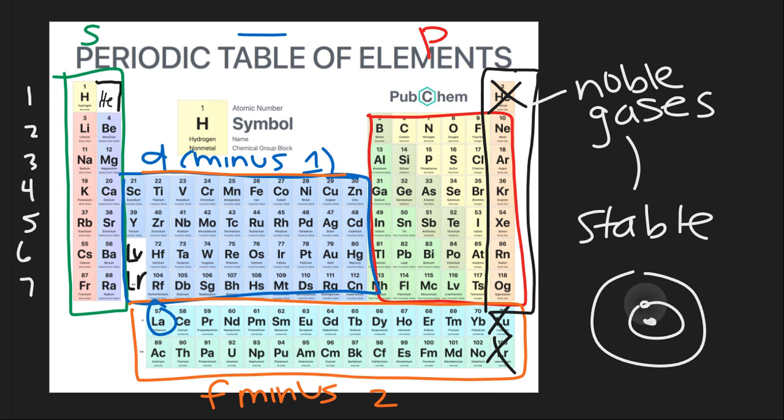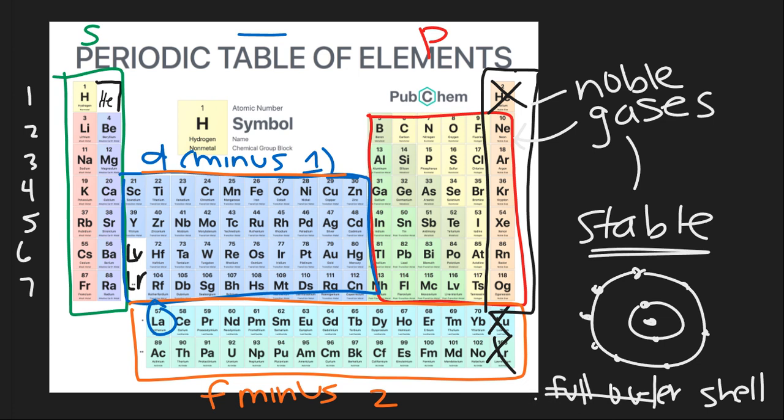If this is the nucleus, we have 2 electrons, we have 8 here. This is what we call a noble gas. This one specifically would be neon because it has a full outer shell. And this is what elements are trying to accomplish. They want their electrons to have a full outer shell so they can be stable.